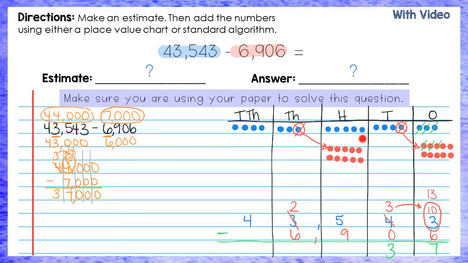But now we have 15 hundreds, because we added 10 more. Now we can subtract 9. 1, 2, 3, 4, 5, 6, 7, 8, 9. Now we have 5, 6 remaining.